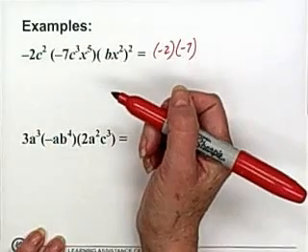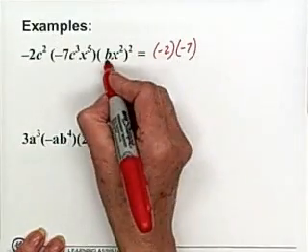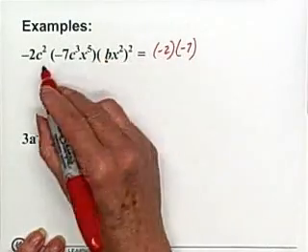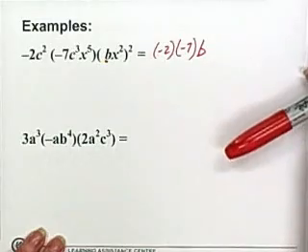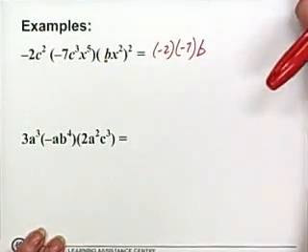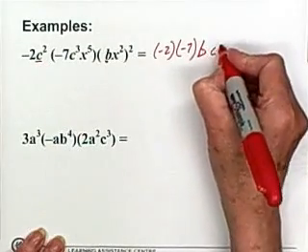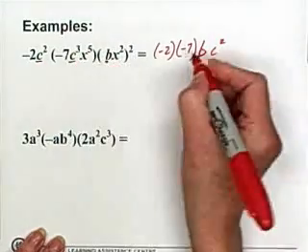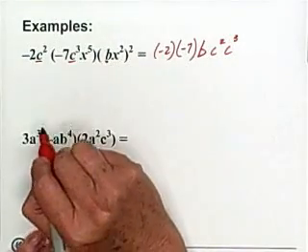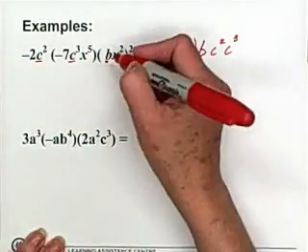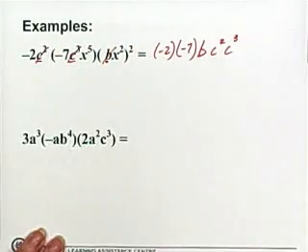The letters in algebraic expressions are always written alphabetically, so we would look at the B first, and there's only one B, so we'll just write down B. The next letters we have to look at are the C's. So we have a C squared, C cubed, and that's it, C squared and C cubed. And when you've got a lot of numbers to deal with, sometimes it's helpful just to stroke them out as you're dealing with them, so that way you don't forget what you're doing.